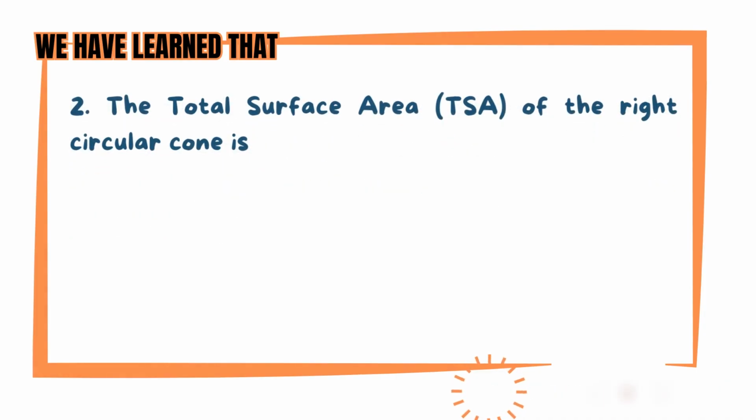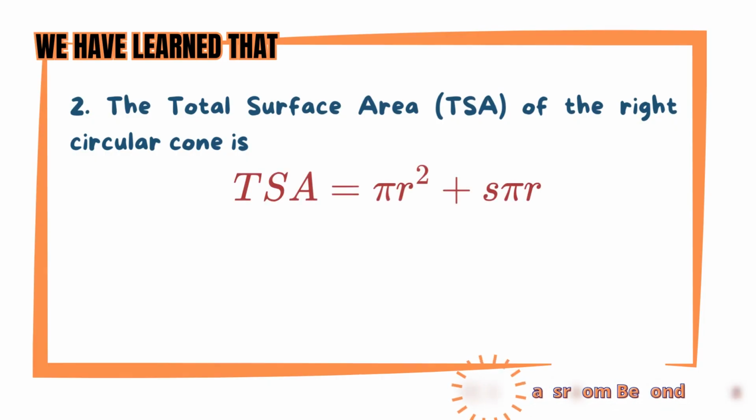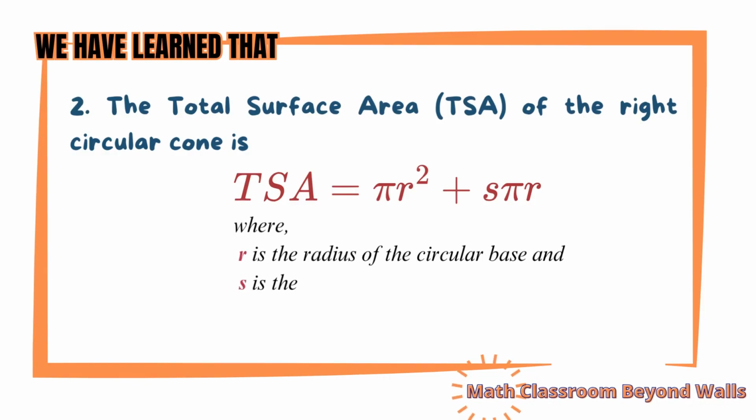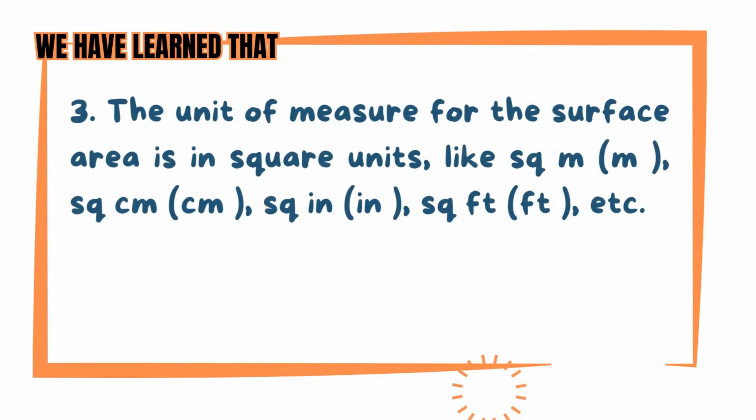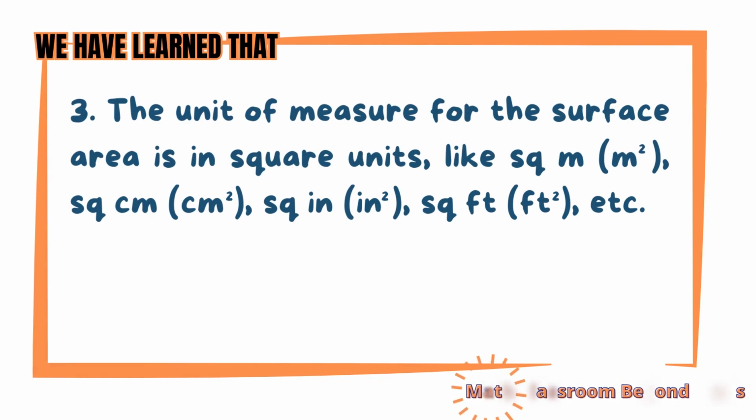Second, the total surface area of the right circular cone is pi r squared plus s pi r, where r is the radius of the circular base and s is the slant height. Third, the unit of measure for the surface area is in square units like square meters, square centimeters, square inches, square feet, etc.